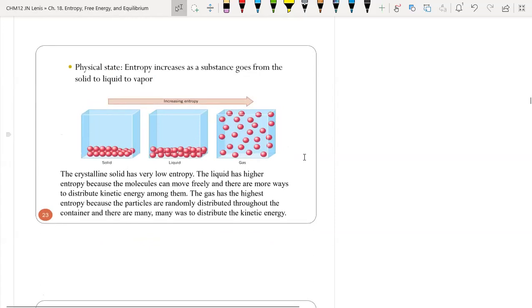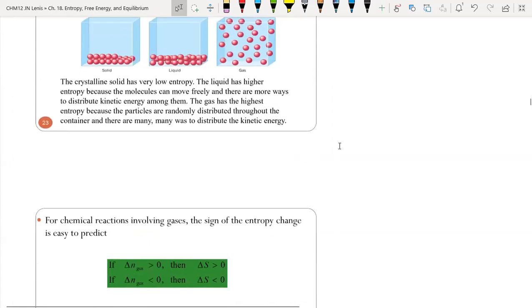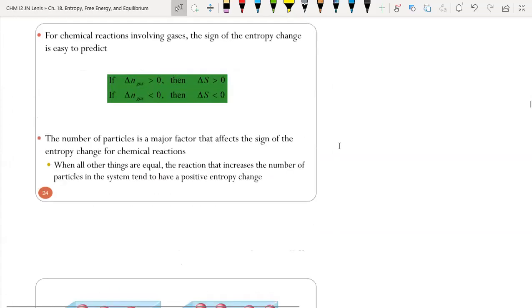The physical state: entropy increases when the substance goes from solid to liquid, from liquid to gas. So those are the hints that can help you to make predictions on the spontaneity and changes of entropy for a chemical reaction.